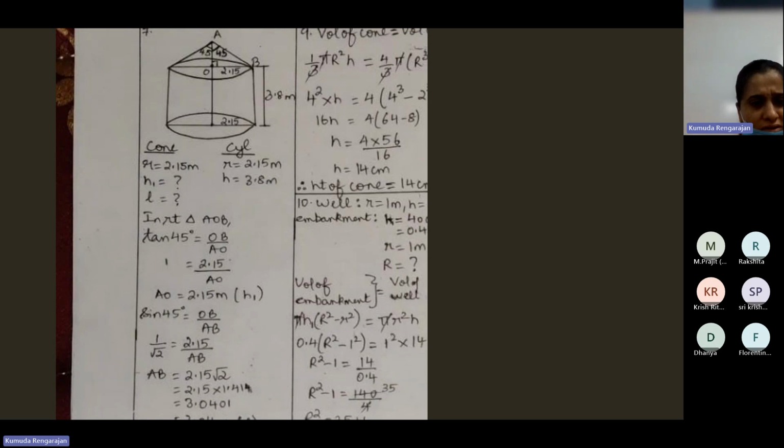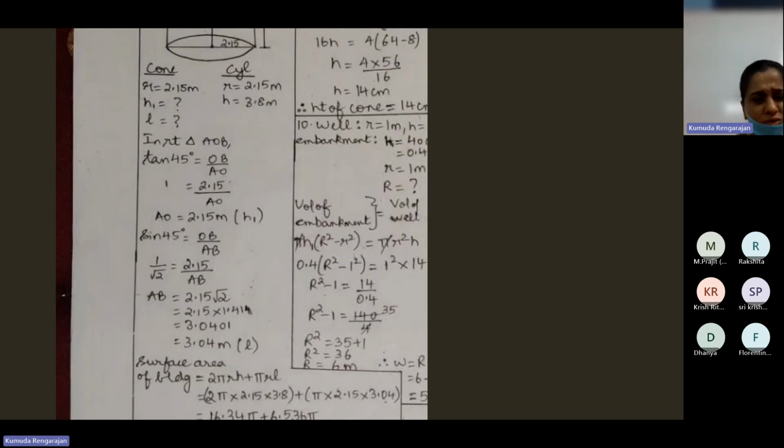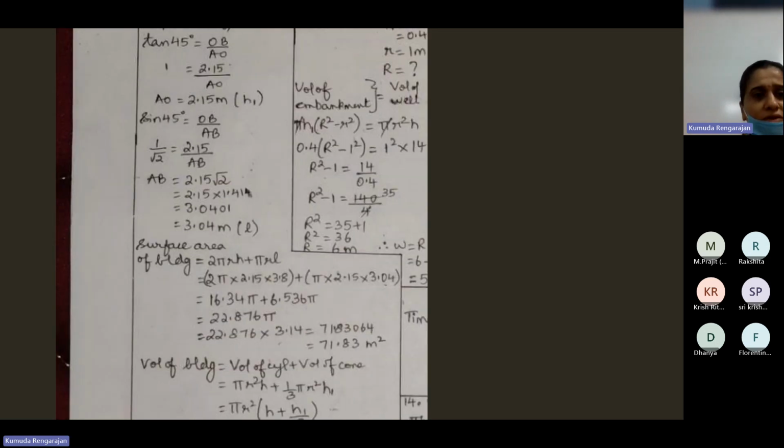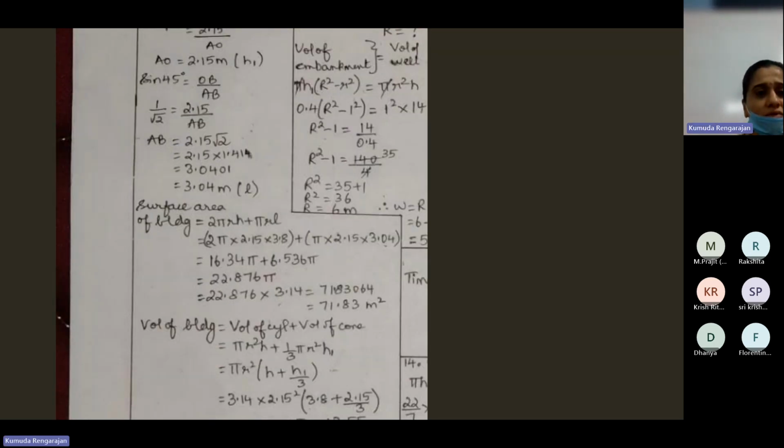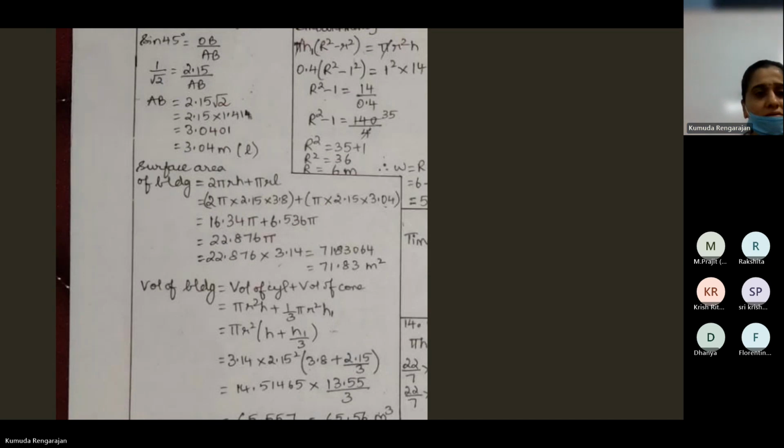Okay, so here I think I've used trigonometry to find the height, but you can do what we have done now. So you get the same thing, 2.15. Tan 45 is equal to opposite by adjacent. You can use trigonometry. Okay, so that's how I found it.